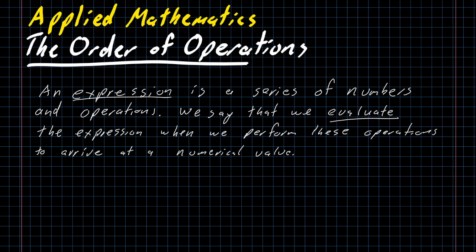In mathematics, an expression is a series of numbers and operations. We say that we evaluate this expression when we perform the operations in order to arrive at a numerical value.